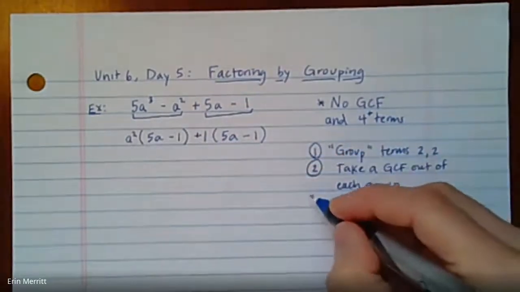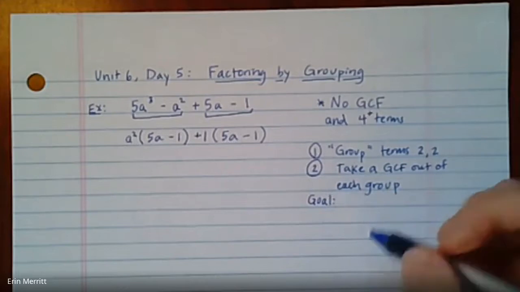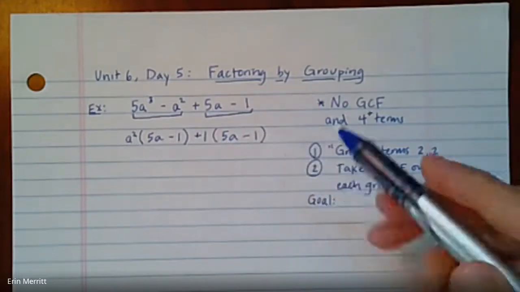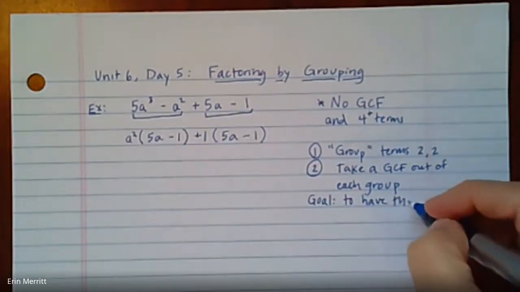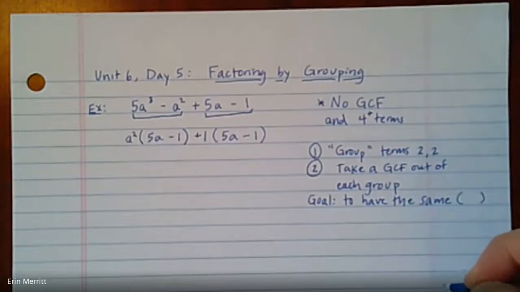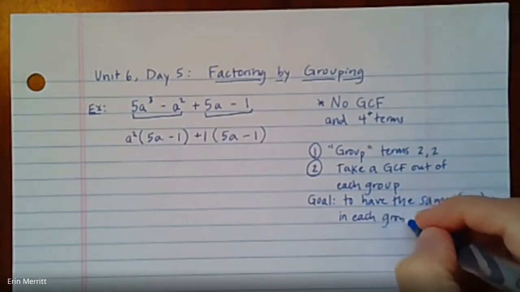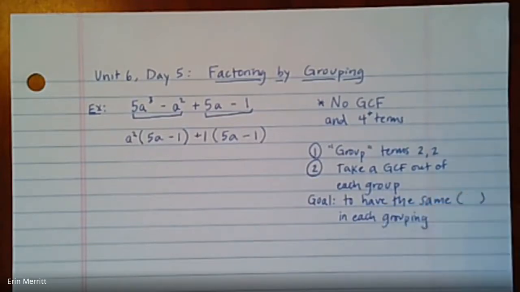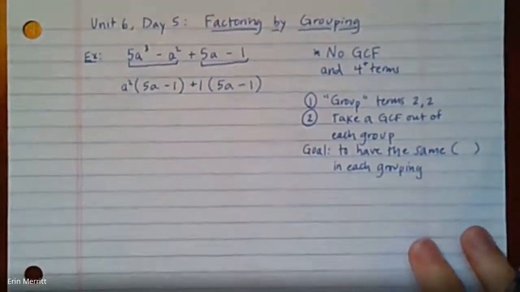What our goal is right here, and this is important, the goal is to be left with the same factor in the parentheses. All right, so I'm going to say to have the same parentheses in each grouping. So we have 5a minus 1 here. We got 5a minus 1 there. So we are off to a good start right here.